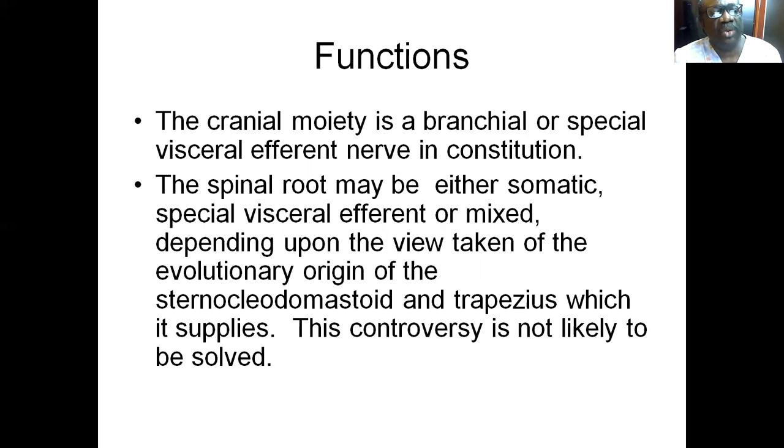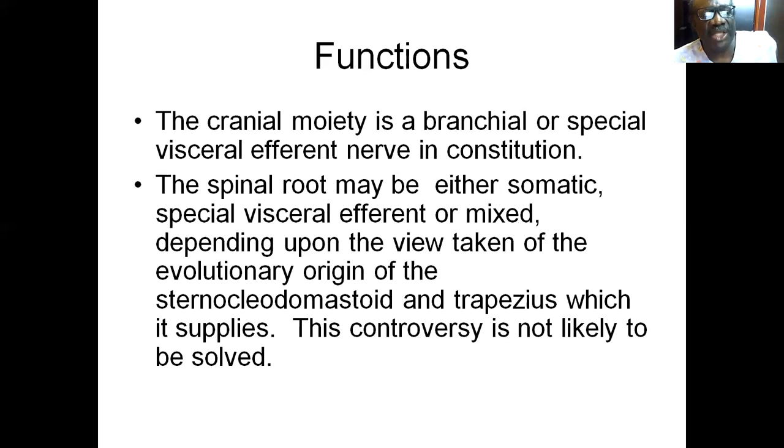The spinal root may be either somatic or special visceral afferent or mixed, depending upon the views taken of the evolutionary origin of the sternocleidomastoid and the trapezius, which this nerve supplies.